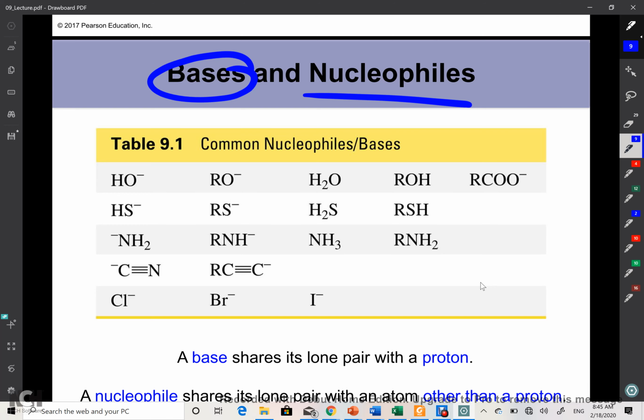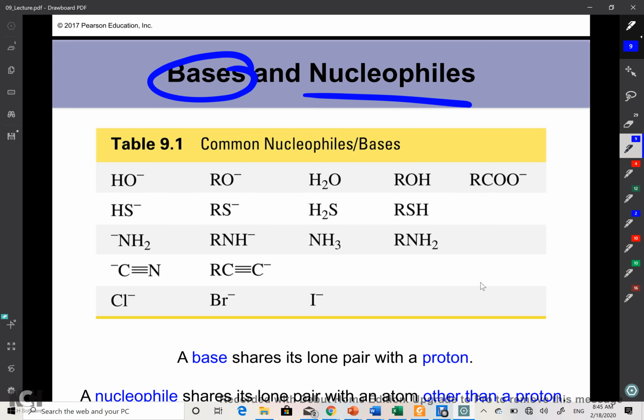So base and nucleophile can be used interchangeably, but if you look at them in a specific context, then you can distinguish a base from a nucleophile. If you have something that is electron rich, and the only job it knows is to remove a proton, to remove a hydrogen, in that case you will refer to it as a base.